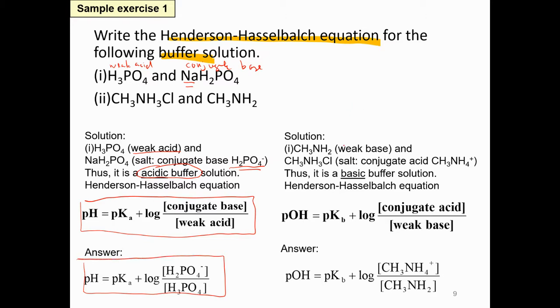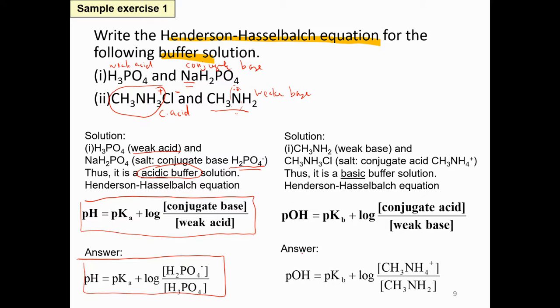Okay, another one. Let's look at this. This is a weak base. How do we know that this is a weak base? Because there is nitrogen. Then the other one is the one with the negative charge. This one is the weak base, so this other one will be the conjugate acid.